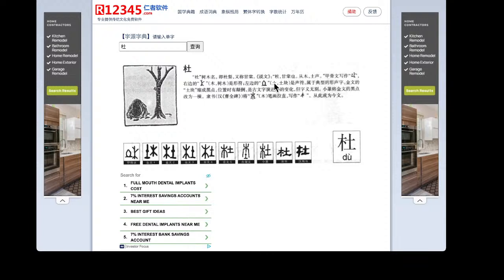And so 杜 is 土, right? That's to represent the sound. Nothing else. It just represents that this is a type of tree, and the sound is 杜, right?